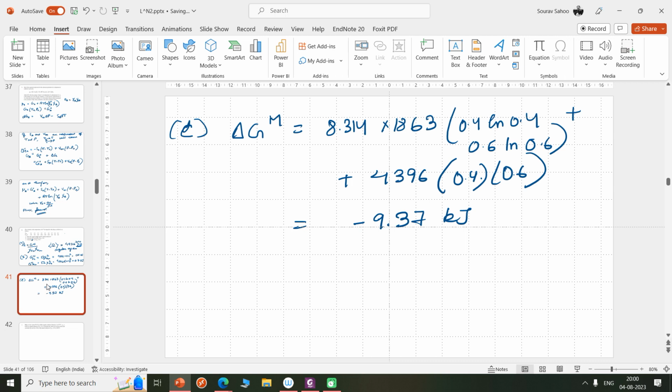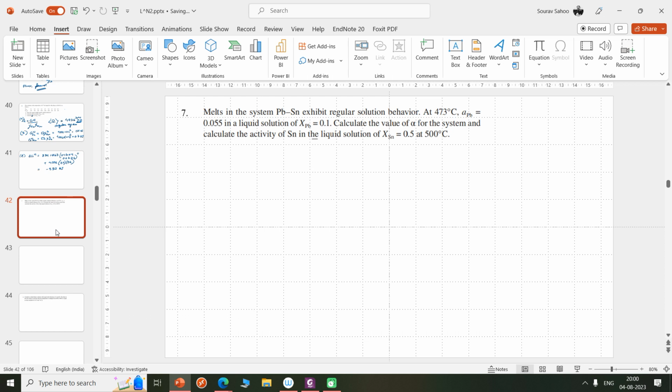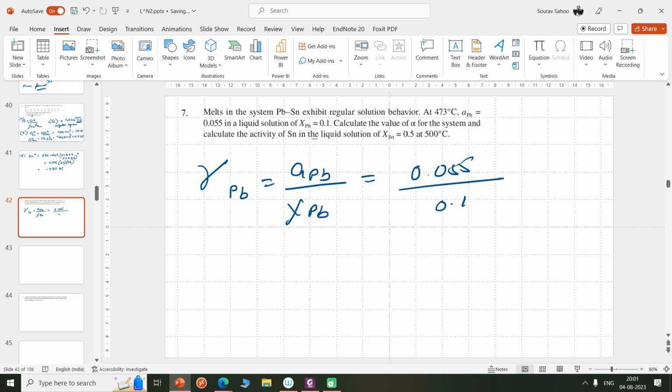Now moving on to the second last question. Okay, I have 8 questions. So alloys in the lead-tin system exhibit regular solution behavior at 473 Kelvin. So this is the activity and we have the mole fraction, and calculate the value of alpha. So what is this value of alpha? Right? So gamma is the activity of lead by mole fraction of lead, which is 0.55 given, and mole fraction of lead is 0.1, which is 0.45.